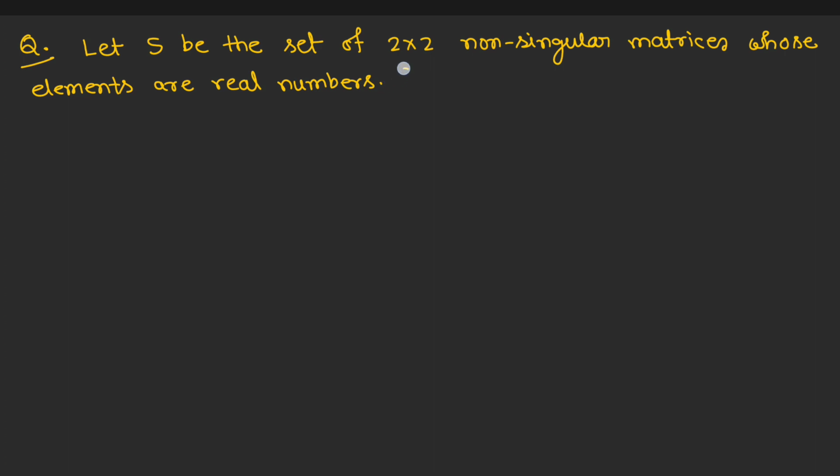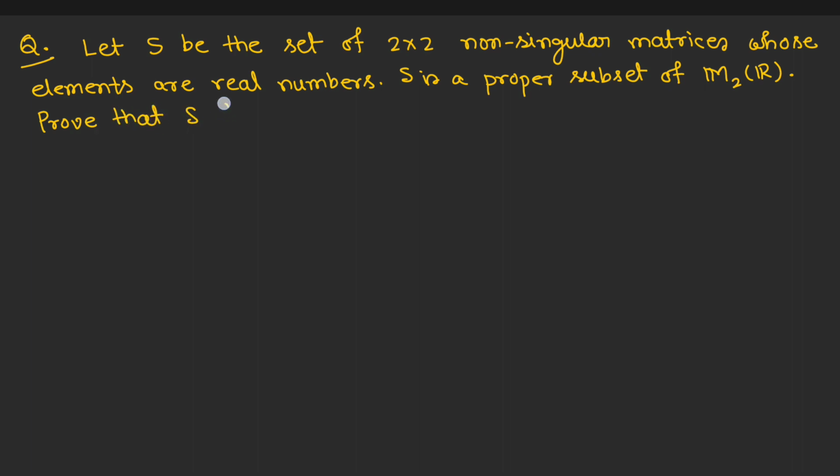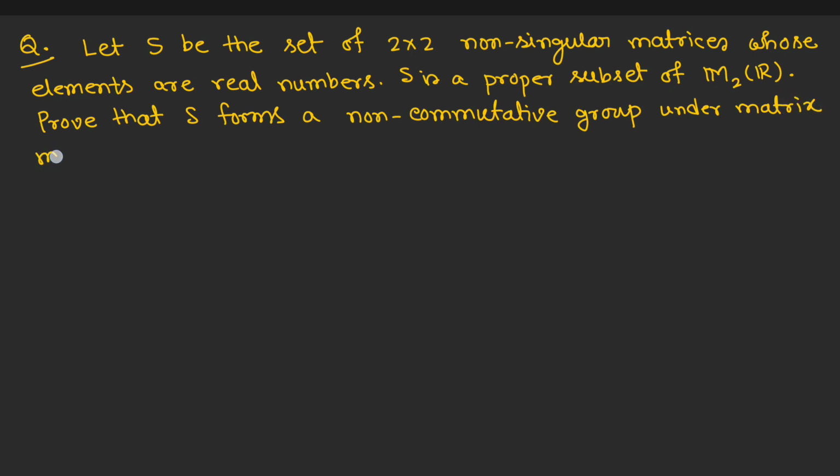S is a proper subset of M2 R. Prove that S forms a non-commutative group under matrix multiplication.